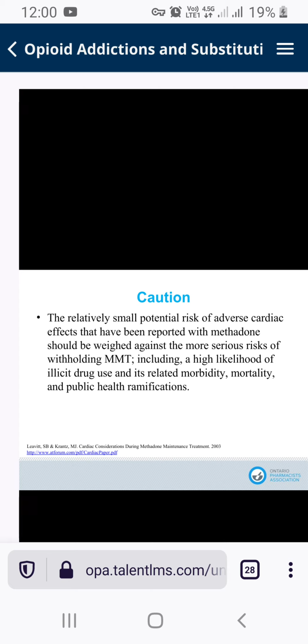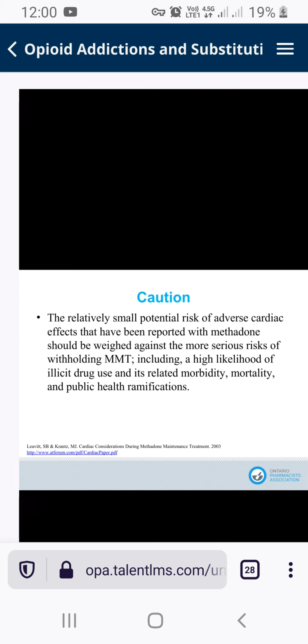Now, I've talked about the cautions, but we do need to be careful that it is more important that someone stays on methadone, even if they have QT prolongation, than that we stop methadone and have them go back to intravenous drug abuse. So we don't want to withhold methadone treatment, but we do want to give them informed consent and make efforts to cut down.